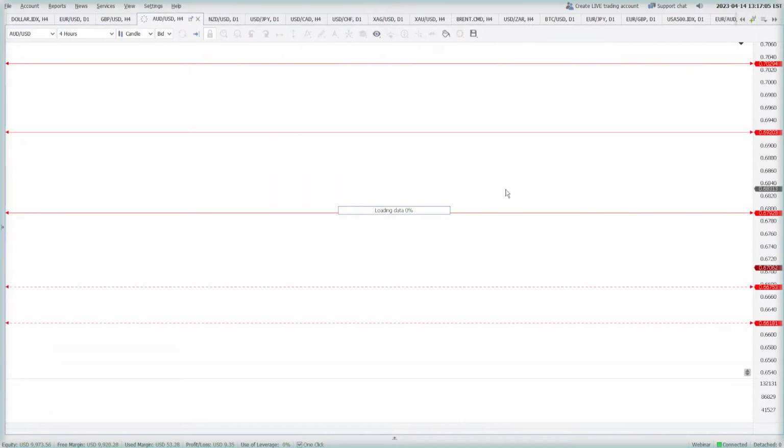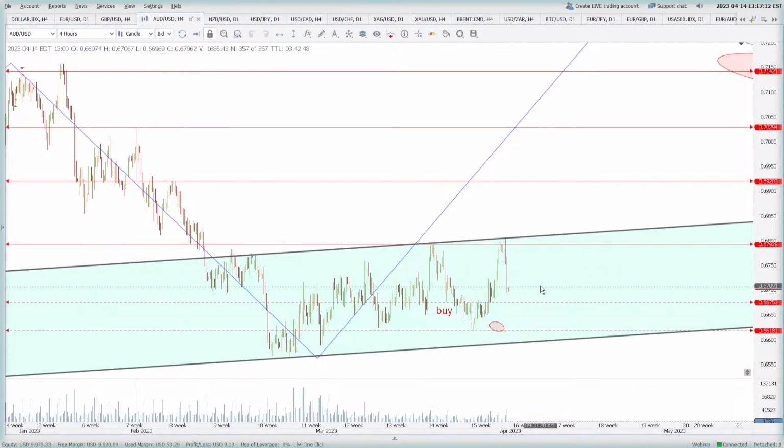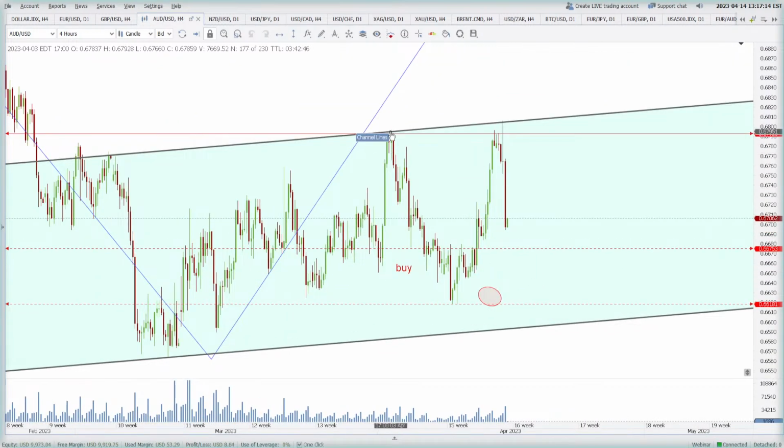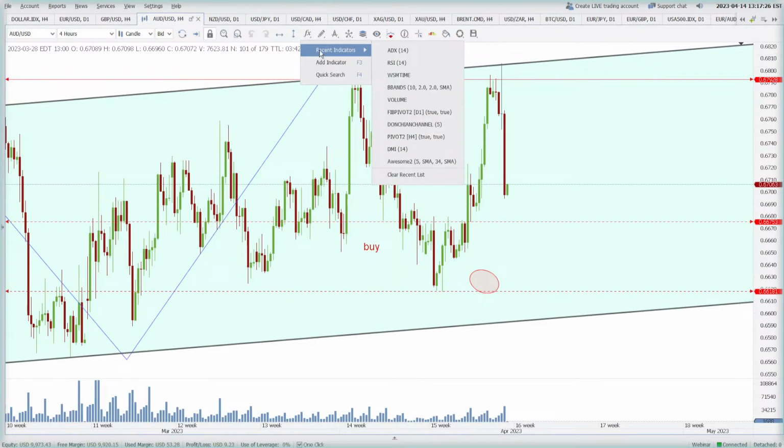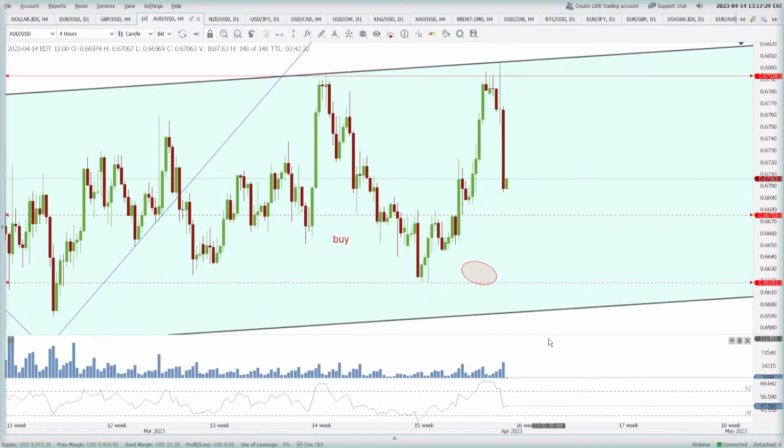Australian dollar, right now it is going down, but it has already breached the high today, and breaching is sufficient to give us a hint that it is going to go higher now. On similar lines, I have not drawn my RSI here, but if I draw my RSI, you will see.